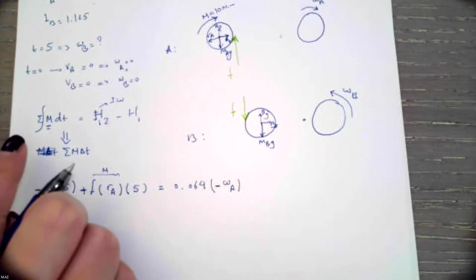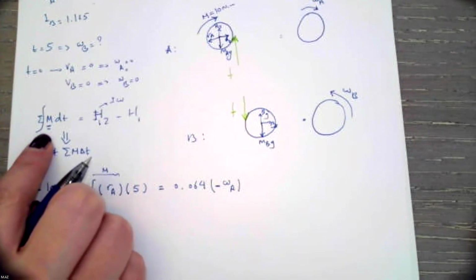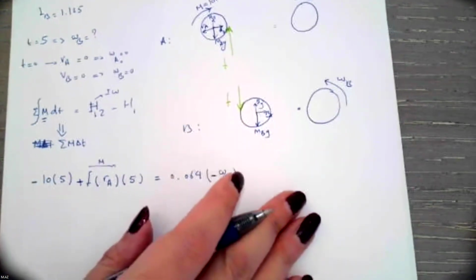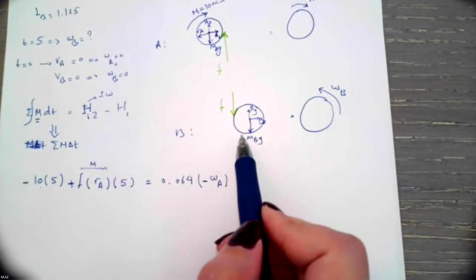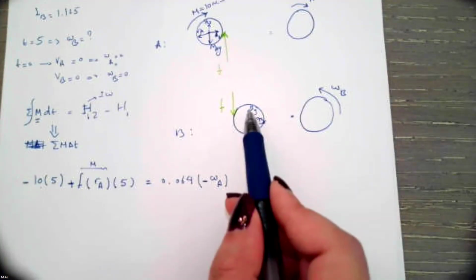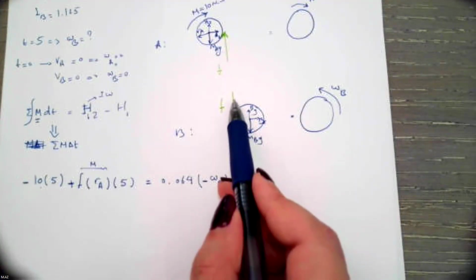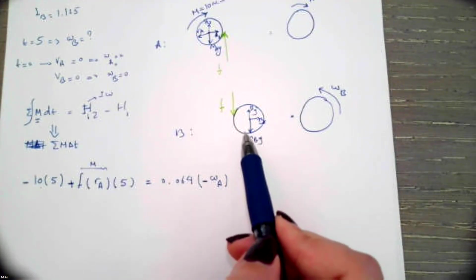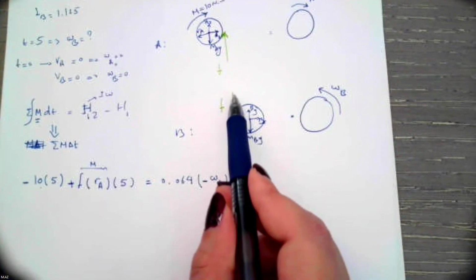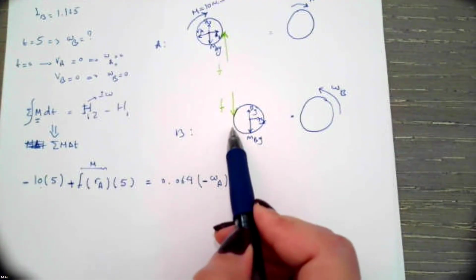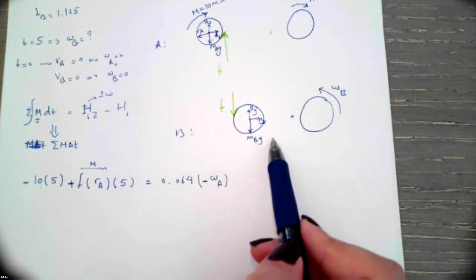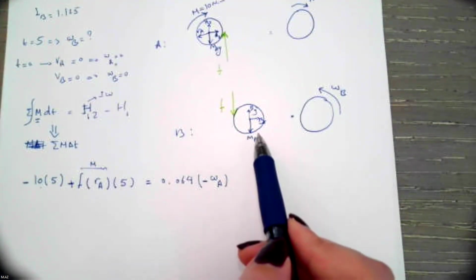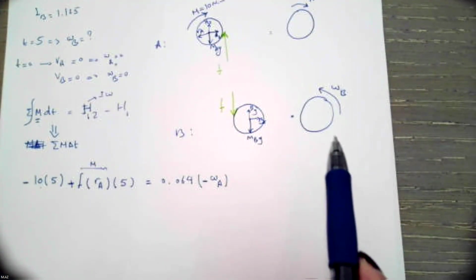Now we are applying the angular impulse and momentum for gear B. For gear B, once we look at the free body diagram for this gear, the only force that makes a rotation is this friction force, and once it is applied, gear B starts rotating counterclockwise.